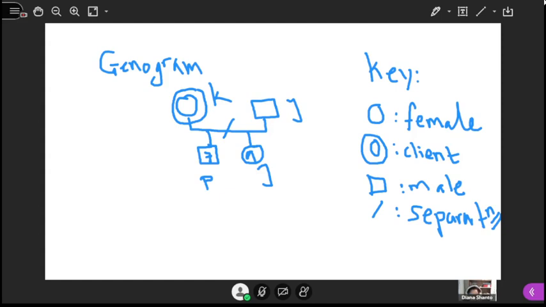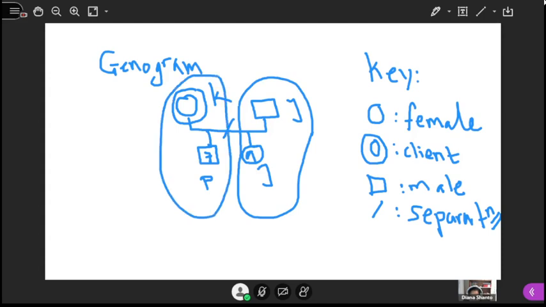Donc, she's living separately, and John lives with Julie, while Katie lives with Patrick. Donc, Katie a pris Patrick parce qu'il est petit, et John a gardé Julie. John is with Julie, Katie with Patrick. Voilà. Donc, ça, c'est genogram of Katie, our client, who is separated.